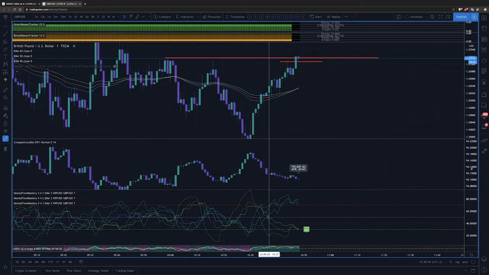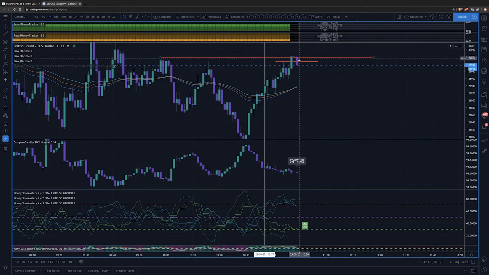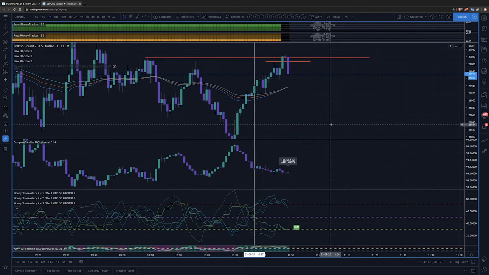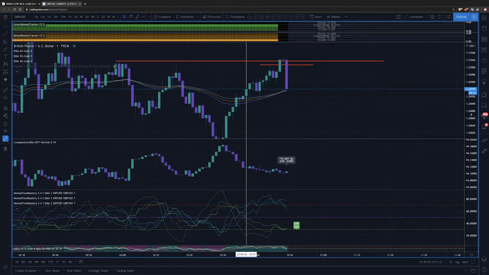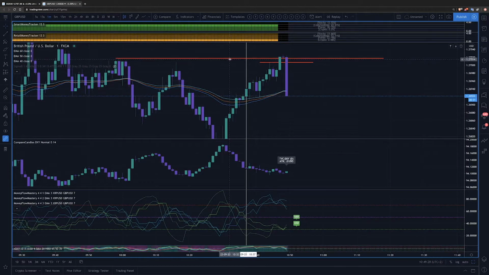And we have pound having a retrace. Moving averages are turning bullish here. So this is a good sign for pound, even though it's a pullback. Mind you, good resistance level. Oof. Pound, where are you going?